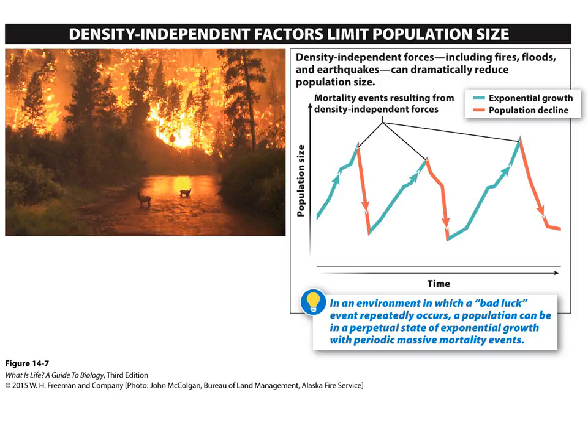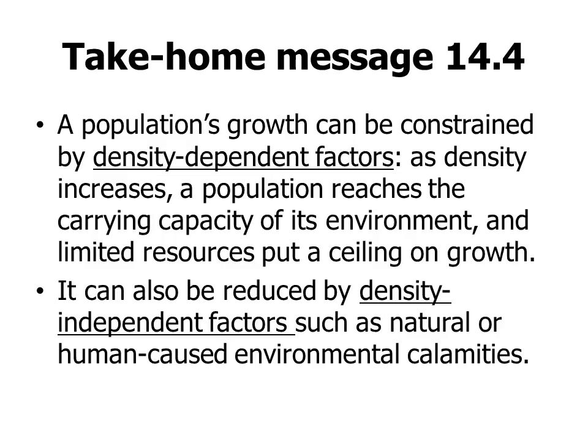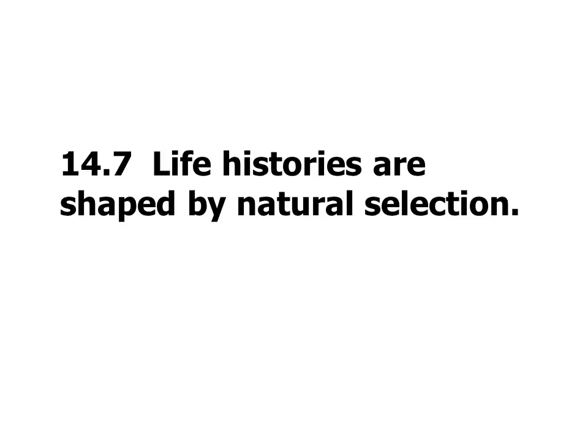You would then see a population growth in these jagged curves. A bad luck event might be like continuous forest fires or continuous drought. So density dependent factors, and we also talked about density independent factors such as those natural calamities or even human caused ones.